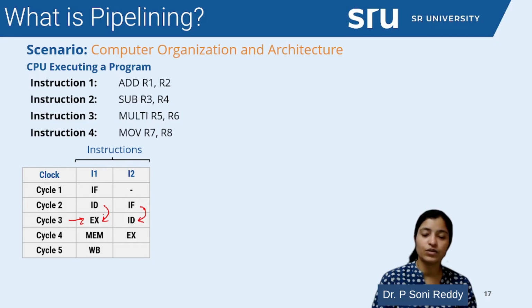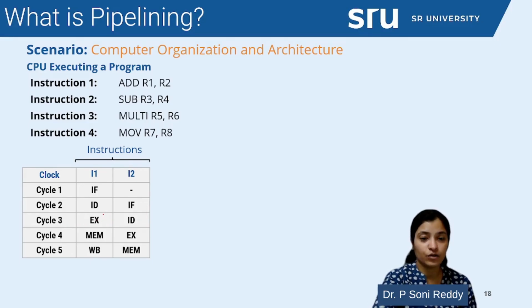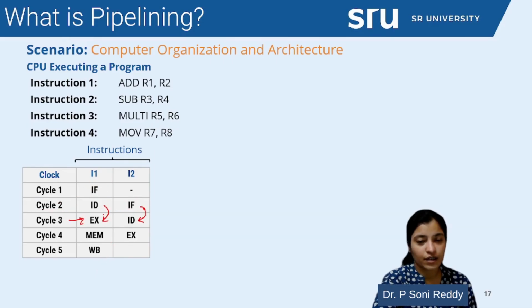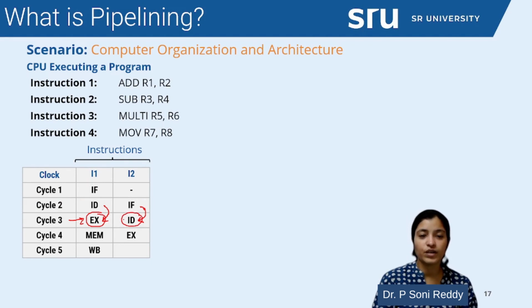Because execute is being done by the ALU, whereas decoding is done by the control unit. So here we are using separate hardware. When the hardware resources are separate, we can overlap the two steps in the same clock cycle to do parallel processing for a single processor, so that we can actually reduce the execution time.